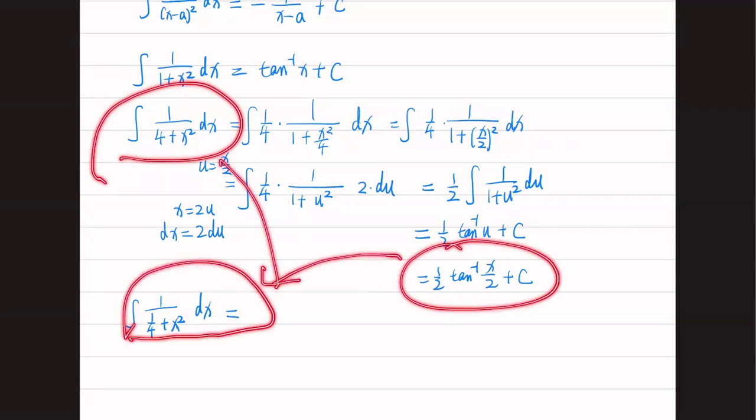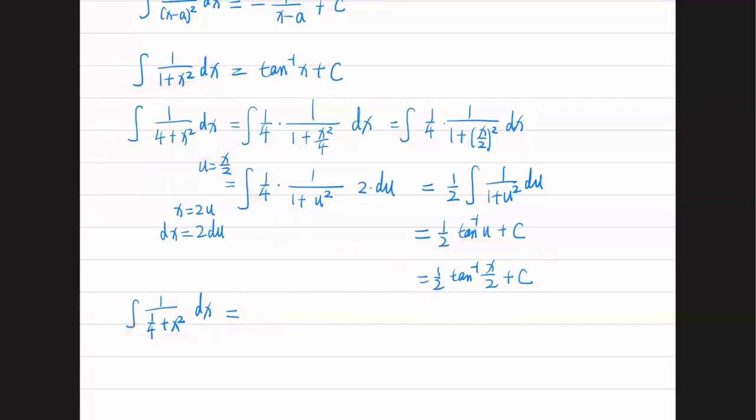How does the integral change? If it's 1/2 arctangent of x over 2 for 4 plus x squared, what do you have for 1/4 plus x squared?